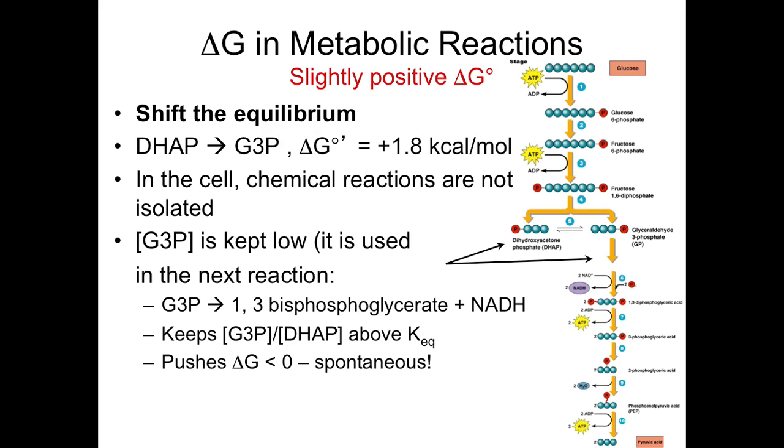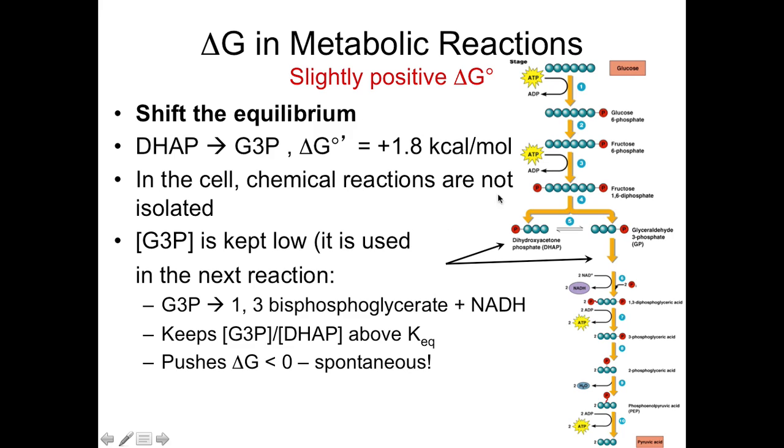out of it. So if you look at the standard free energy change of dihydroxyacetone phosphate isomerizing into glyceraldehyde 3-phosphate, it's actually slightly positive. This is, at standard conditions, a slightly non-spontaneous reaction. But in the cell, we don't have standard conditions.